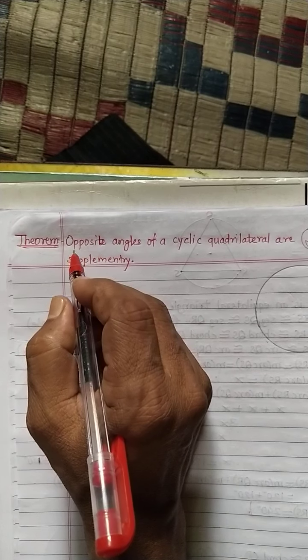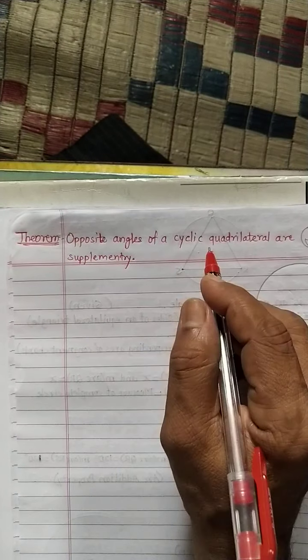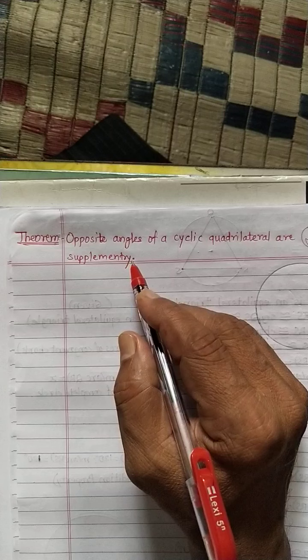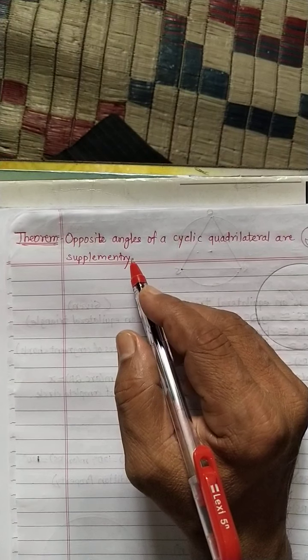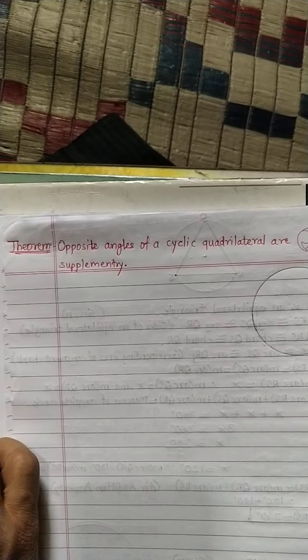Here, opposite angles of a cyclic quadrilateral are supplementary. Supplementary means their sum is equal to 180 degrees.